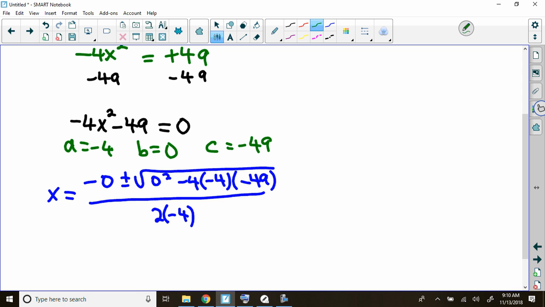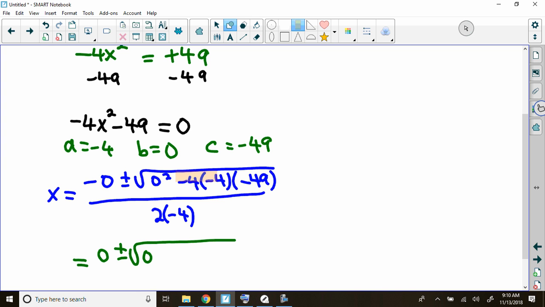So the opposite of 0 is 0. The 0 squared is 0. And a negative times a negative times a negative is going to be negative, right? So that's going to be minus.